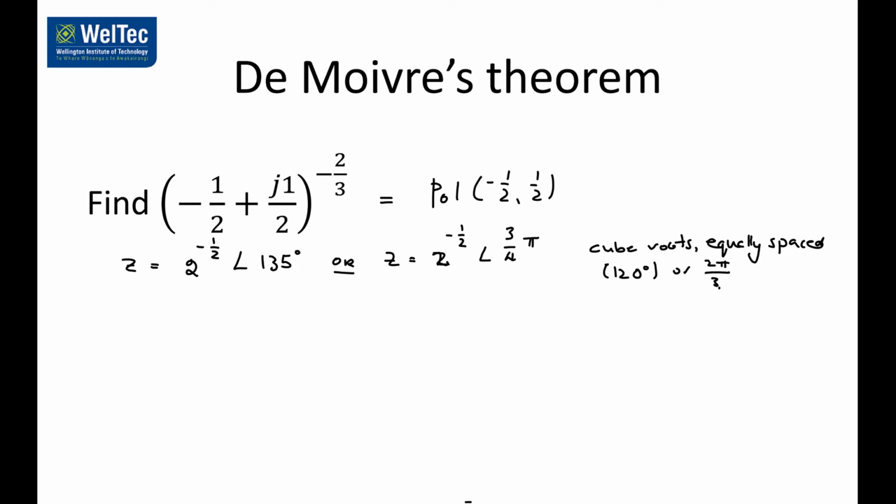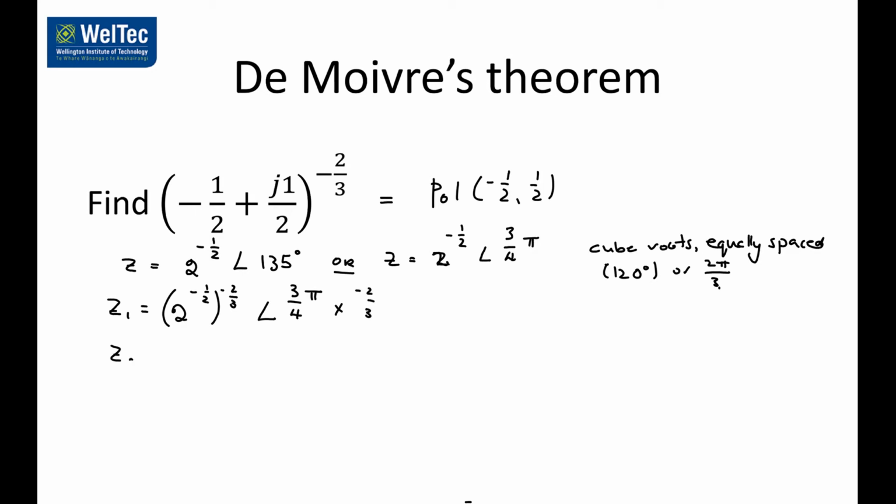So z1, say this is the first root, would be equal to 2 to the power of -1/2, to the power of 2/3, angle 3/4 pi, let's do it in pi's, times -2/3. That's the first root.